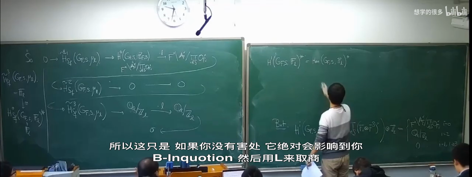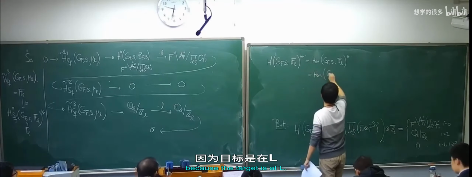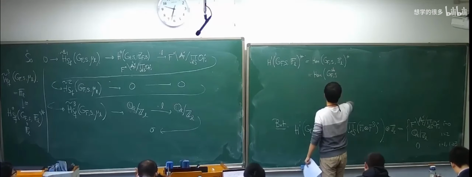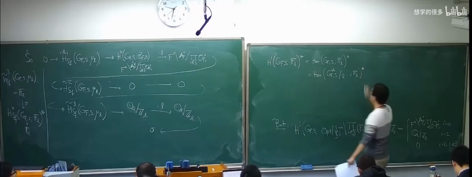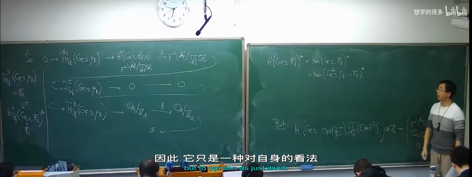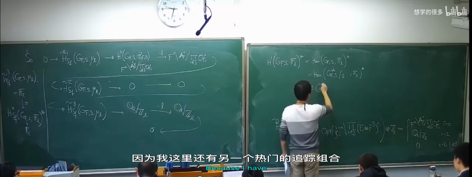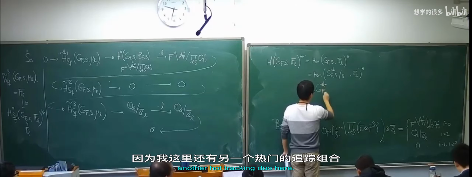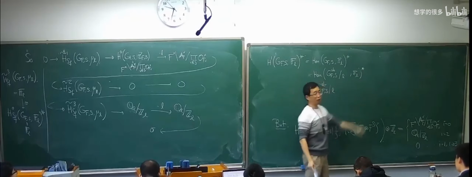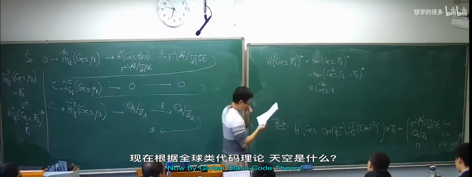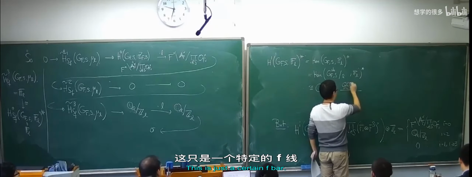If you take a homomorphism, it definitely factors through the abelian quotient, and then quotient by L, because the target is F_L. Now this looks like a dual to itself in some sense. So it's nothing but G abelian of F_S, itself. Now by global class field theory, what is this? This is just F bar.